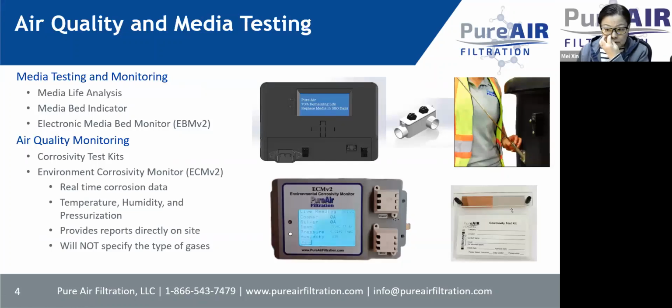So next is a closer look at what we provide in the picture with media test and air quality monitoring. You will see from the top, this is an electronic media bed monitor, and to the right is a media bed indicator using a silver rod, and on the bottom to the left is an electronic corrosivity monitor.